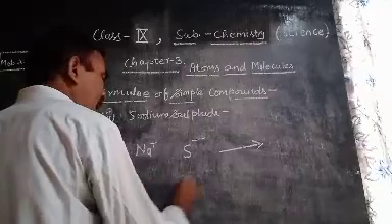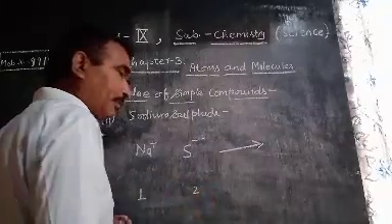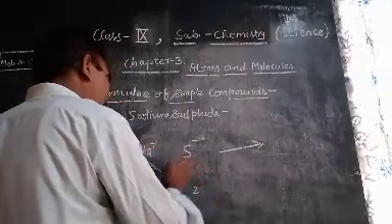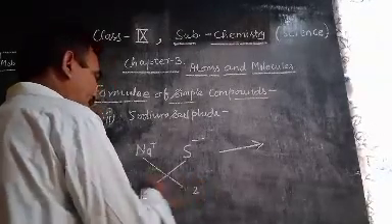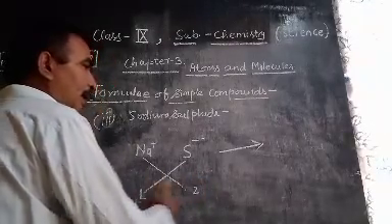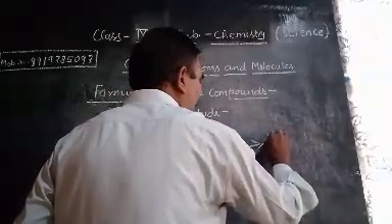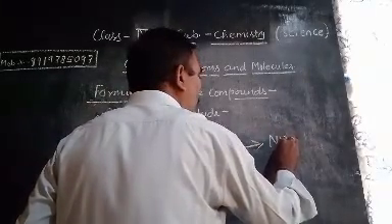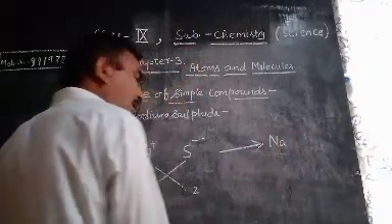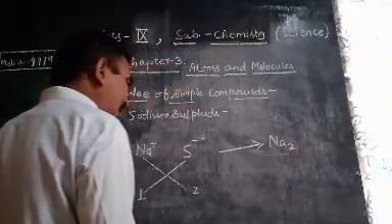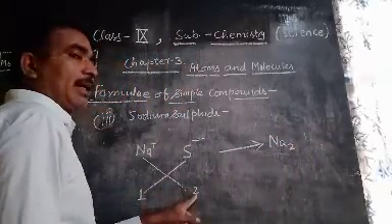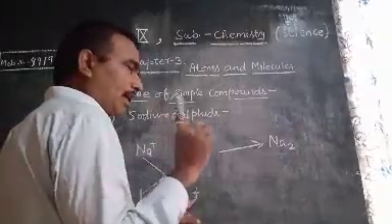According to cross multiplication, LCM of both is 2. 2 divided by 1 is 2, that means 2 sodium atoms will take place in bond formation, and 2 divided by 2 is 1.